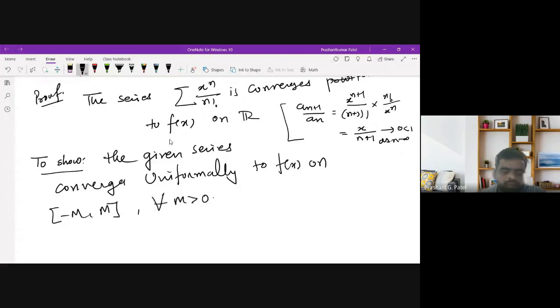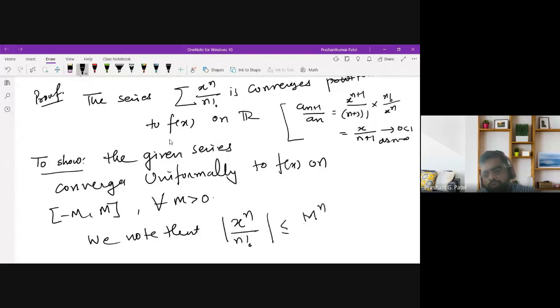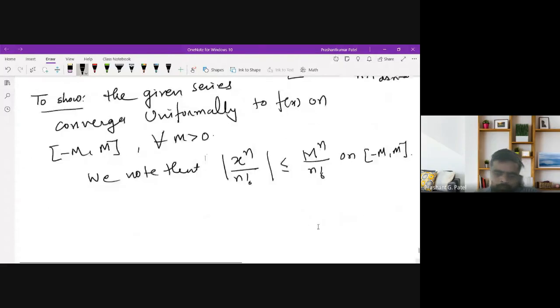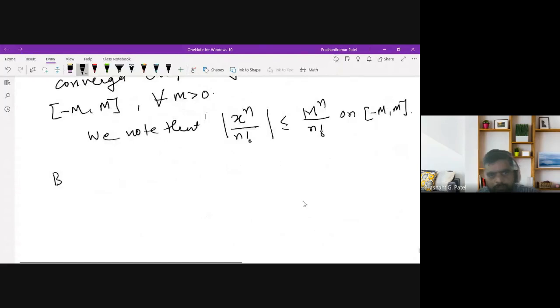We note that the modulus of x power n upon n factorial is always less than or equal to m raised to n upon n factorial on this interval minus m to m. And the series m power n upon n factorial is always convergent by ratio test. So by ratio test, we say that summation m raised to n upon n factorial is convergent.